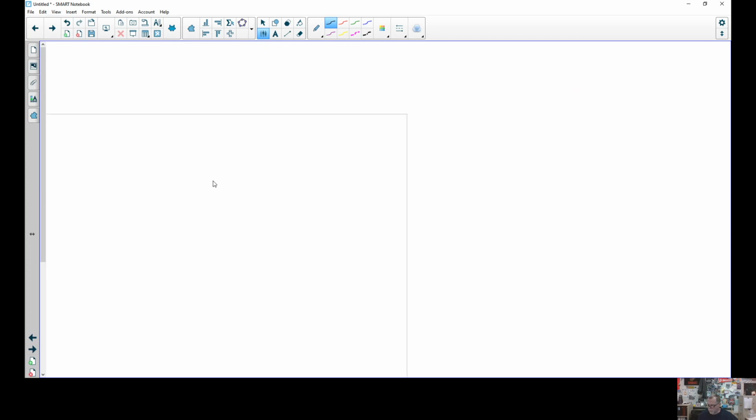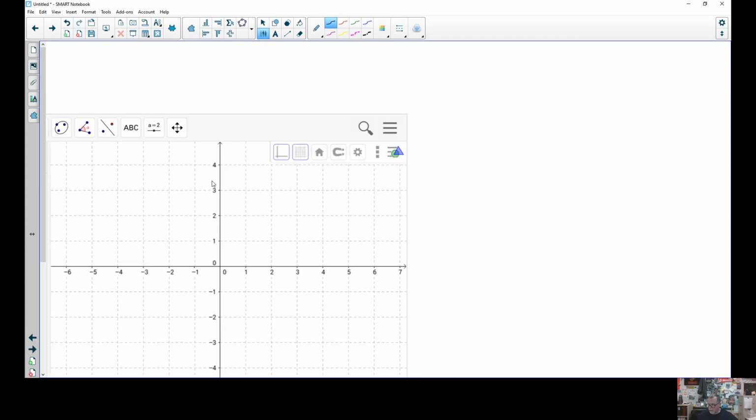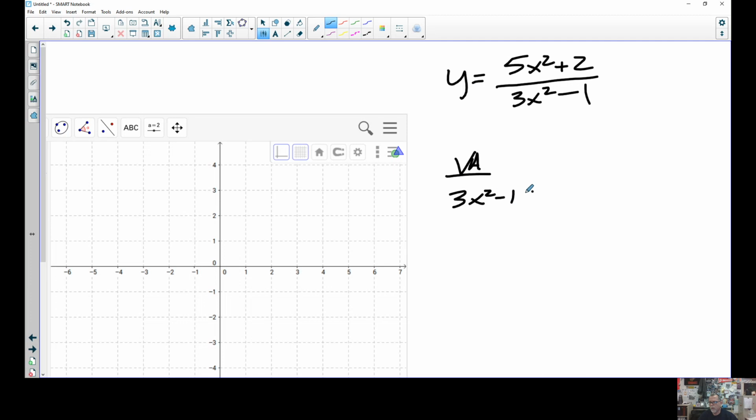Now let's look at one that is going to be a little different. All right, so y equals 5x squared plus 2 over 3x squared minus 1. Well, now we've got degree 2 over degree 2. And we can still find our vertical asymptote right away because, again, what do we know? It's where 3x squared minus 1 equals 0.